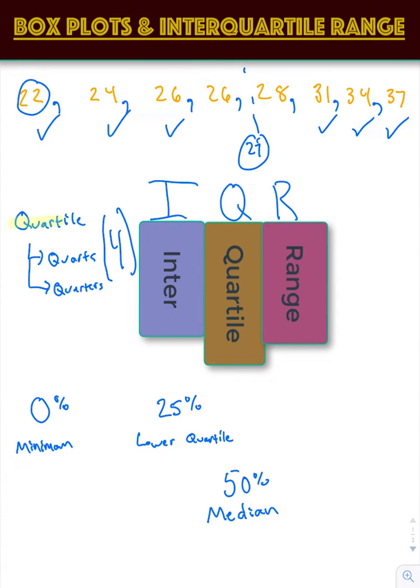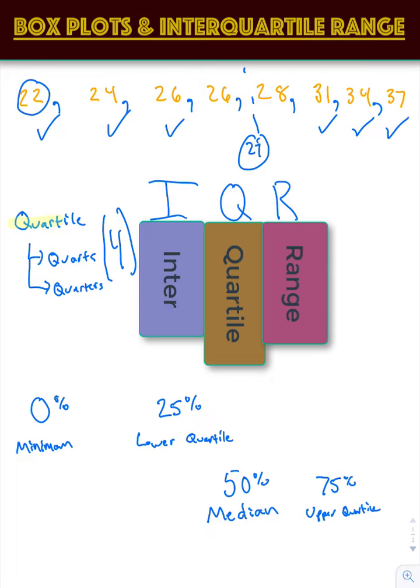We have our upper quartile, which similarly to the lower quartile, that 75% stands for: it's larger than 75% of the data set. In the same way, the lower quartile will be larger than 25% of the data set.